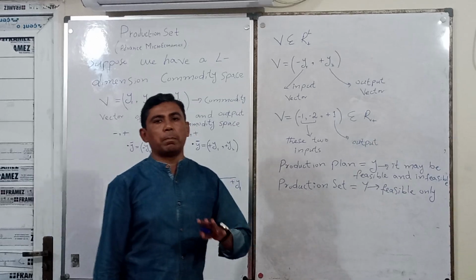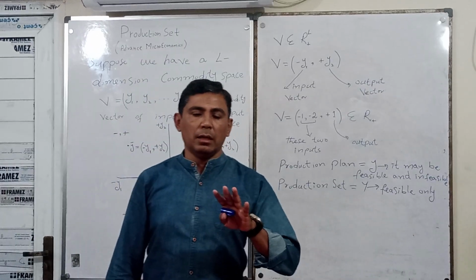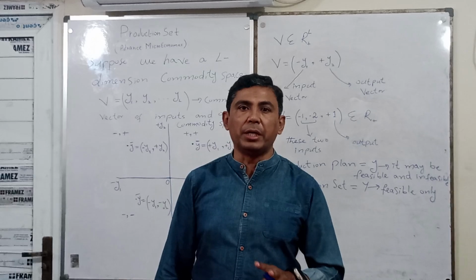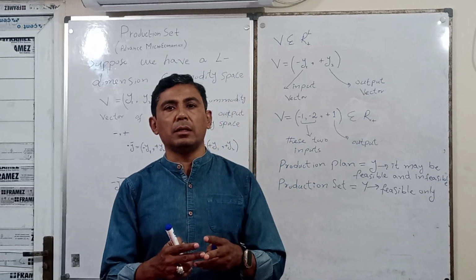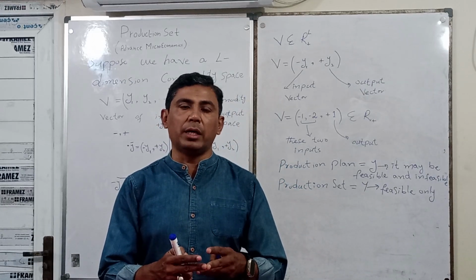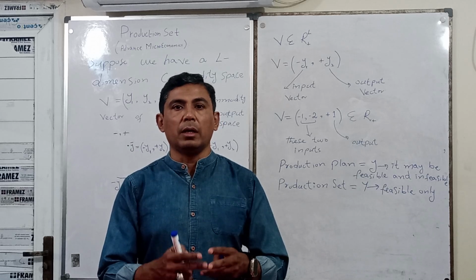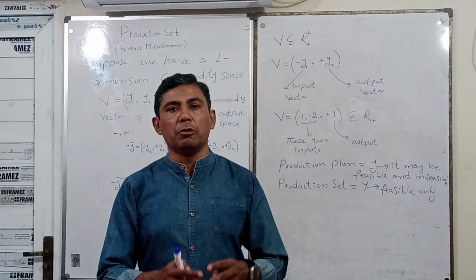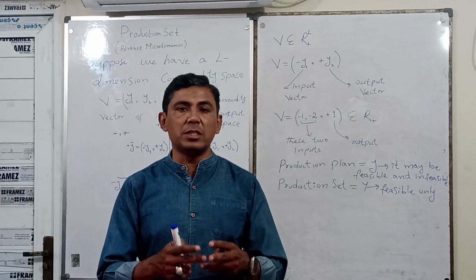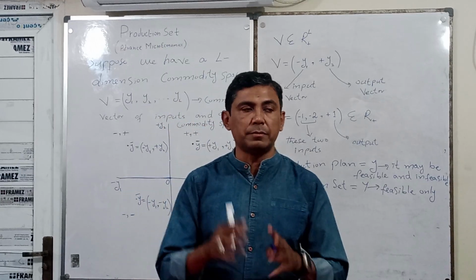So it means a production plan has two properties: either it is feasible or it is infeasible. In the case of production sets, we discuss only the feasible parts of the production plan.